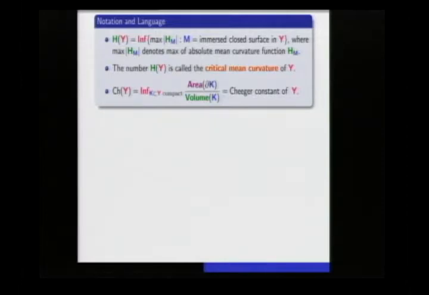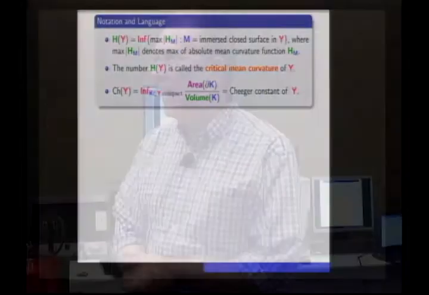So one of the numbers is this number H(Y). It's a pretty weird number. It's defined as follows: you look at closed immersed surfaces in the 3-manifold. Each such closed surface has its mean curvature function.